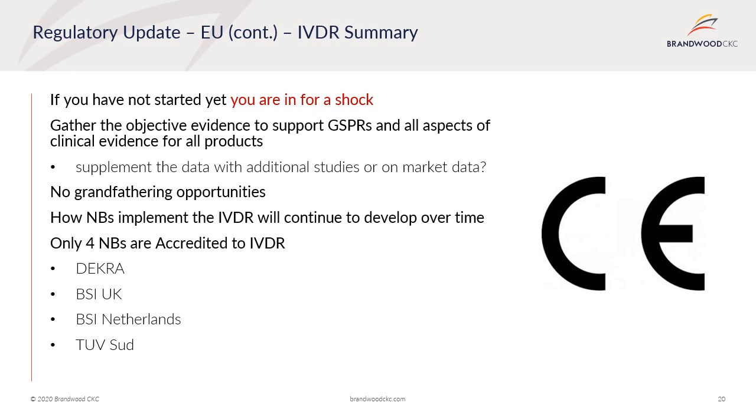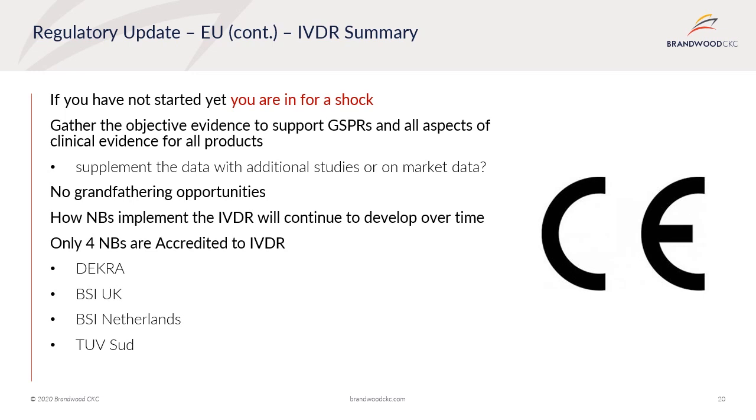Again, the old essential requirements, but you need to have clinical evidence to show substantiation of those GSPR requirements. Does that mean you need to supplement data with additional studies? Potentially. And again, if you're talking about new situations where you've had a difference in classification or you're dealing with an extremely novel device, you may. But in any case, you need to justify why or why not you're doing a clinical study. Remember, there's no grandfathering opportunities.